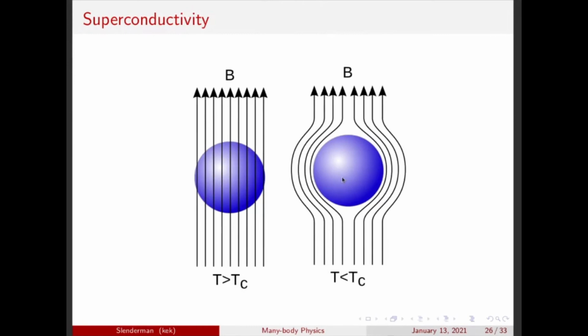The other major sign of superconductivity is what's called the Meissner effect. Above the critical temperature, a magnetic field applied externally will do whatever it wants in the material. It'll pass through the material, etc. But when a material becomes superconducting, it turns out that the magnetic field is actually expelled from the superconductor.